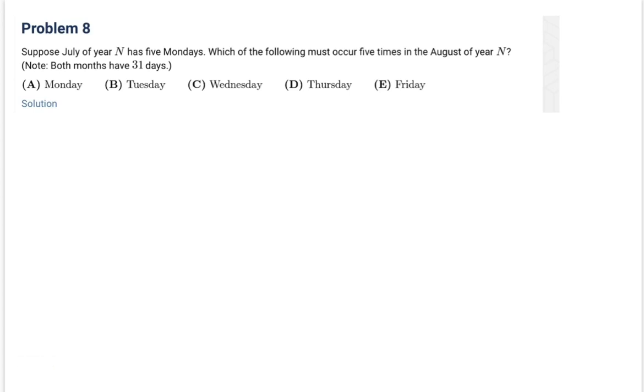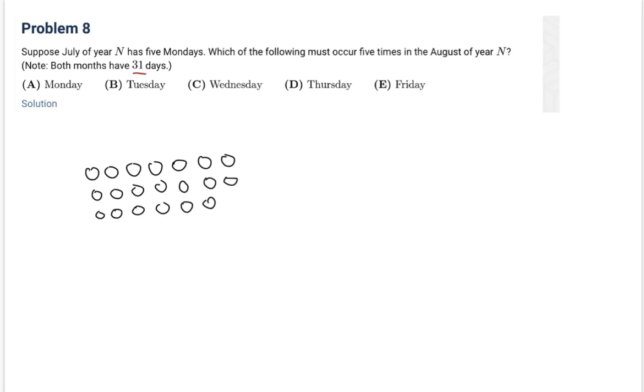Problem 8, suppose July of year n has 5 Mondays. Which of the following must occur 5 times in the August of year n? Okay, so both months have 31 days, and so July has 5 Mondays, and since there are at least 28 days in each month, there should be at least 4 full weeks, Monday, Tuesday, Wednesday, Thursday, Friday, Saturday, Sunday, and then we get to decide how the combination has 5 Mondays.